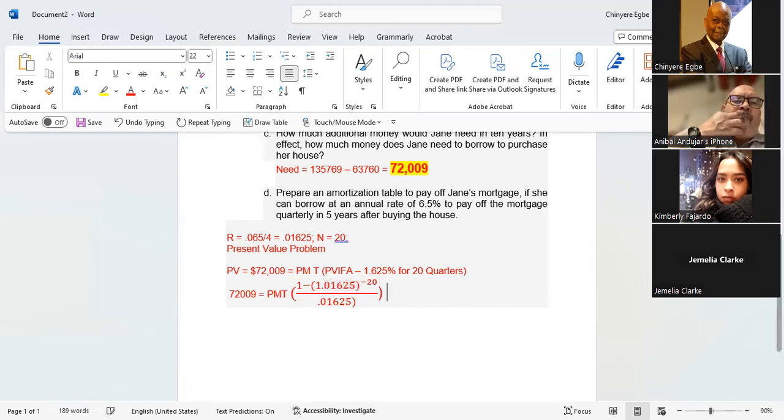And so the question is, what is 1.01625 to the power minus 20?